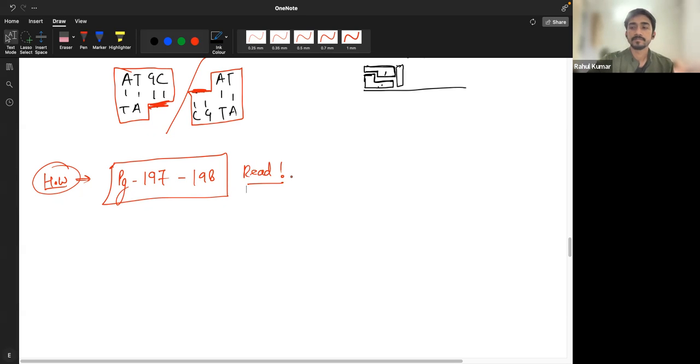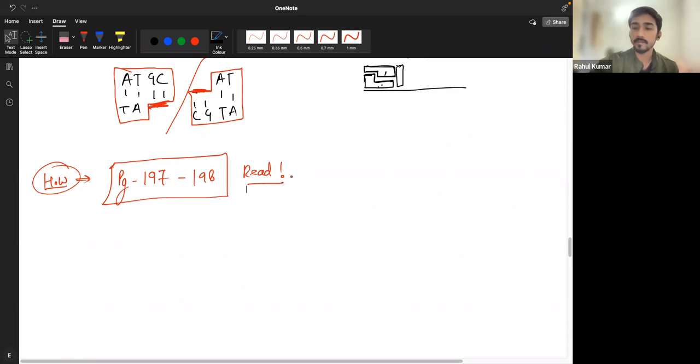If you have any doubts, I will take the doubts in the next class. And then I'll start with some plasmids. We have made plasmid till here. The plasmid is clear. Now we have to read about plasmids as vectors, also known as cloning vectors, because we are making them artificially.